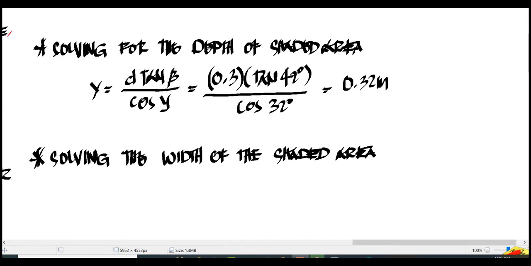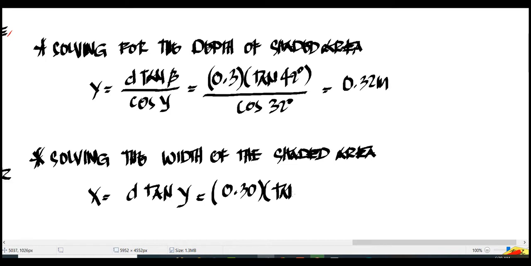Now solving for the width of the shaded area, we have x equal to d times the tangent of the angle. Then we have 0.3 times the tangent of 32 degrees, which gives 0.19 meters.